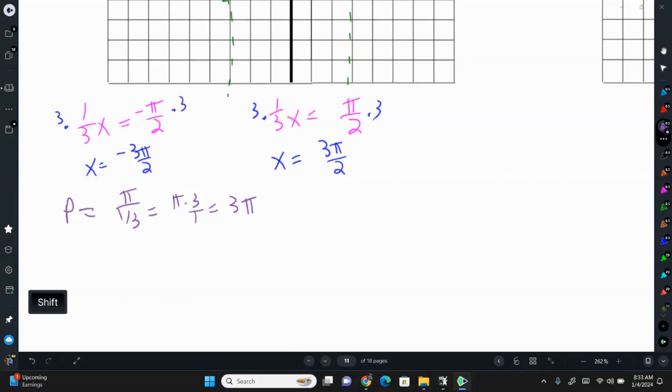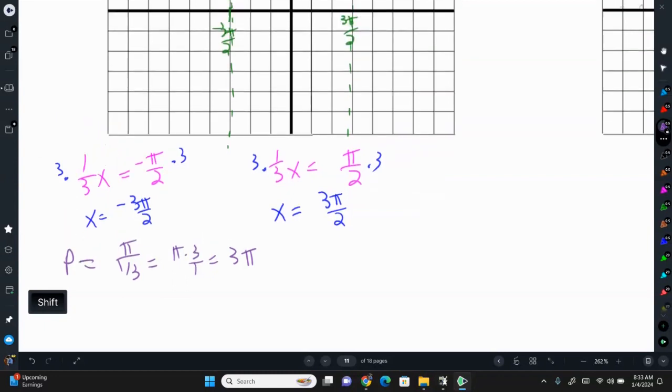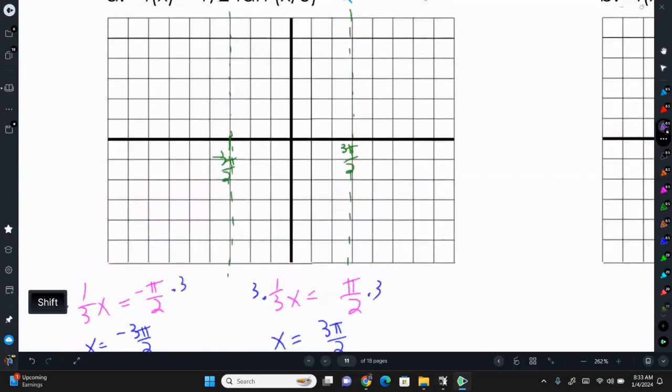So every 3 pi, this function will repeat itself, or the way we drew it, 6 blocks here. So 1, 2, 3, 4, 5, 6, our last asymptote is going to be off the grid a little bit.